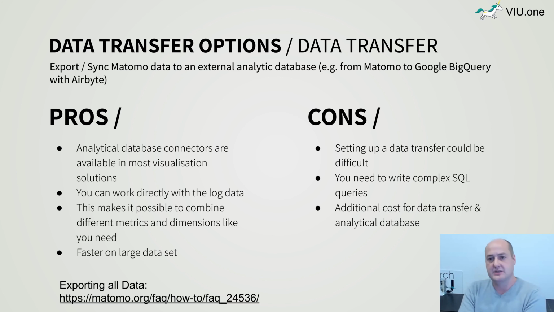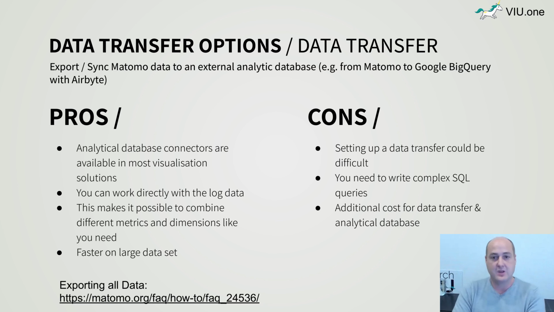The last option is to transfer data out of Matomo and save it, as an example, in Google BigQuery. So you can use a service or a solution like Airbyte, which is an ELT toolset, where you can say, grab the data from the raw Matomo API, put it into BigQuery and make something there. If you want to do that, it has some pros.